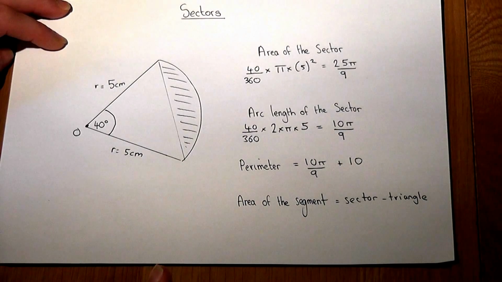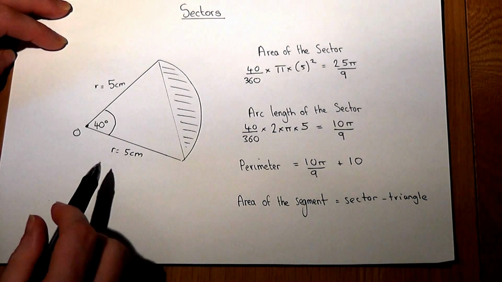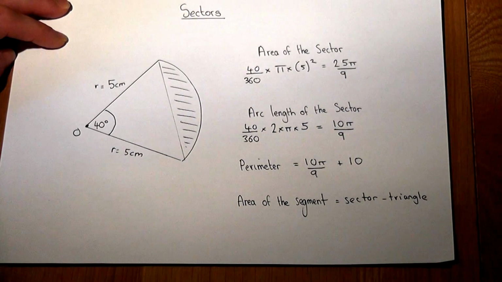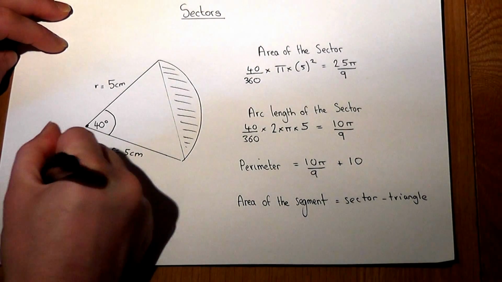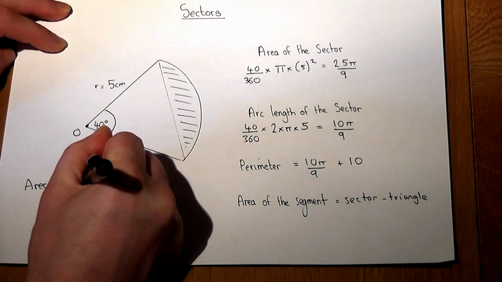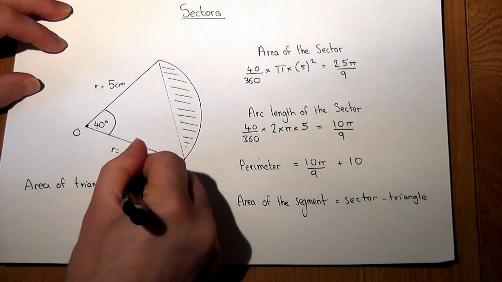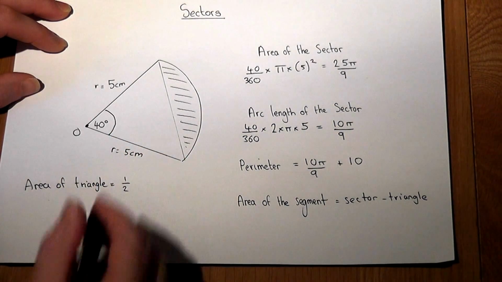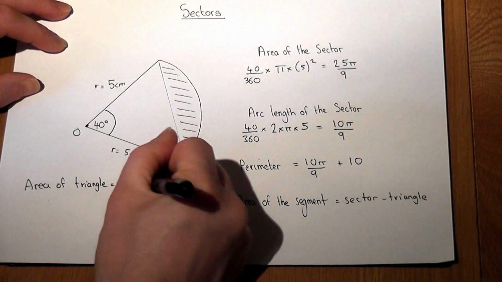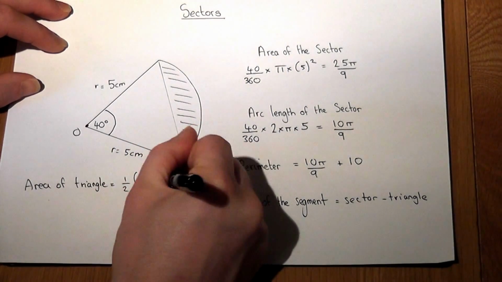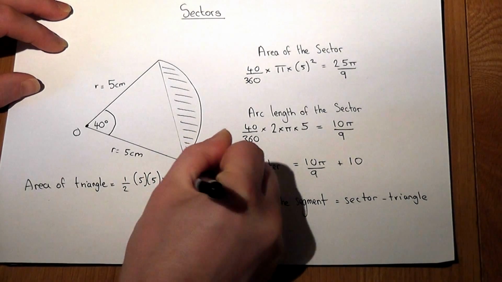Now then, there's a quick way to find the area of a triangle if you know the 2 sides and the angle contained within them. And the area of a triangle, and this formula is given in the exam, is given by a half times the 2 sides, in which case 5 times 5, times by sine of the angle.